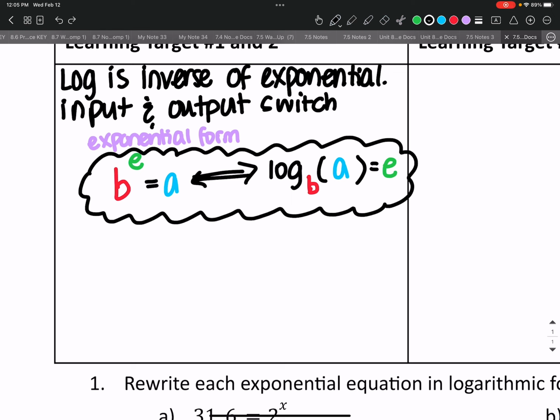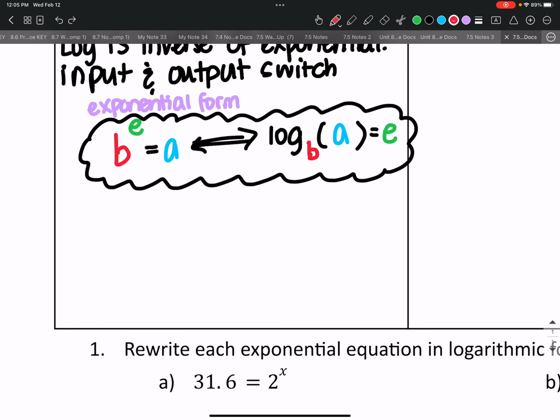I like to use b for base, e for exponent, and a for answer because when I write it in logarithmic form, the order that I see these things in is b, a, e. How I remember this order in the log form is that I think log is bay.